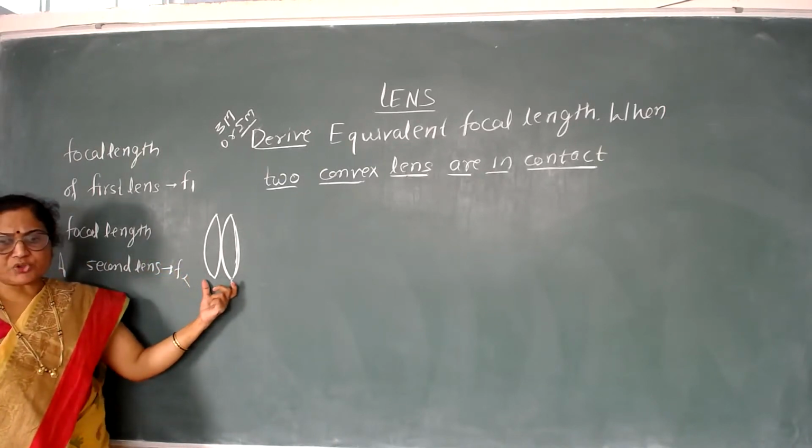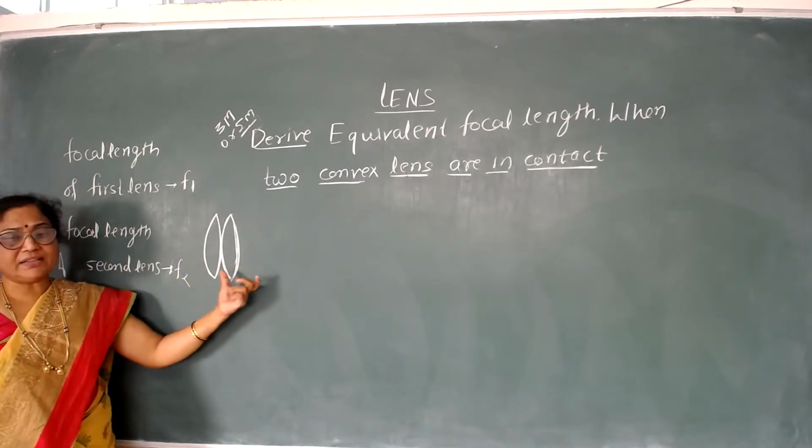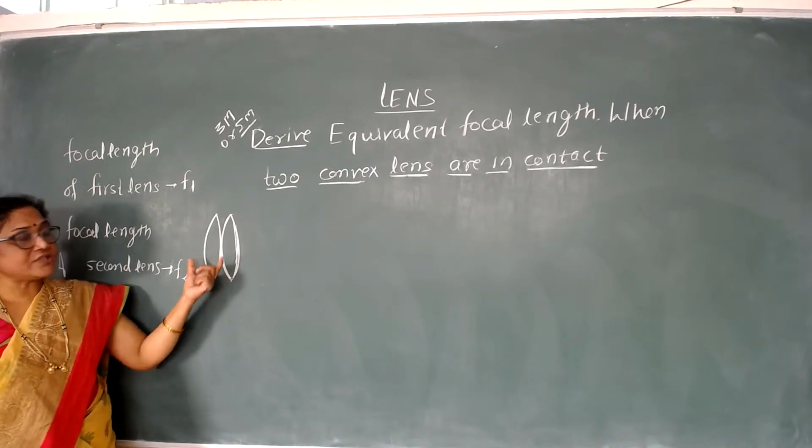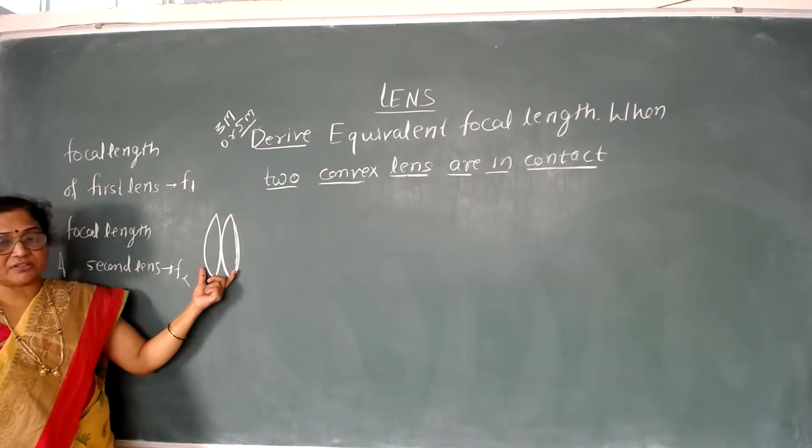So we consider two convex lenses whose focal lengths are different, when those are combined with each other, or in combination with each other.